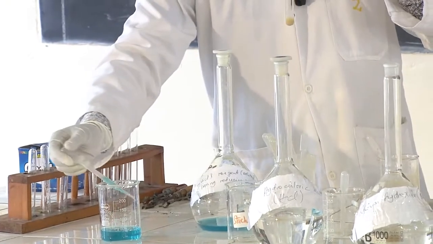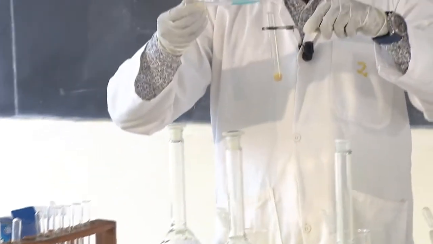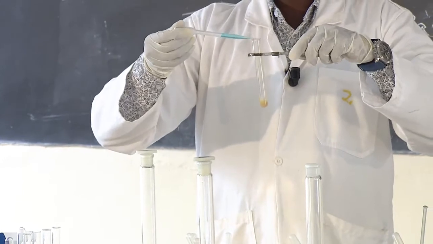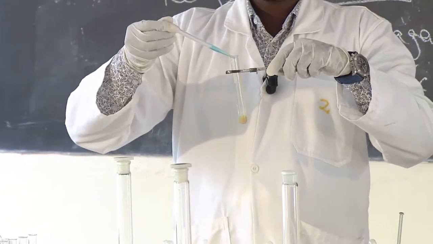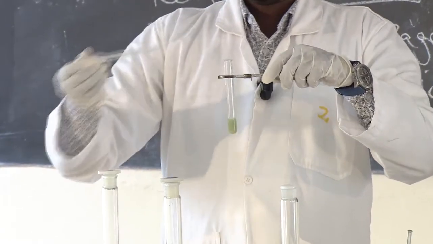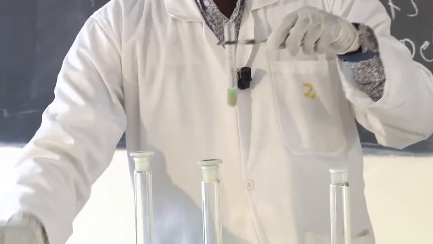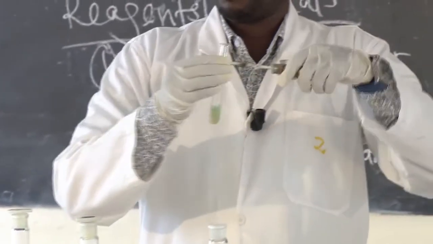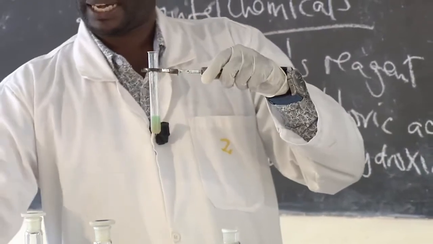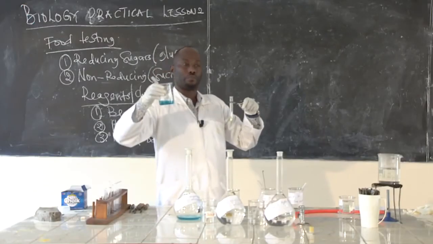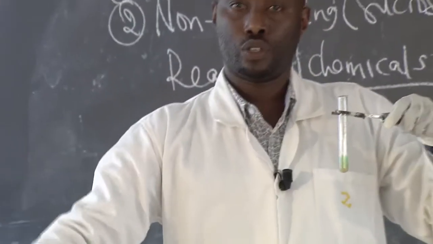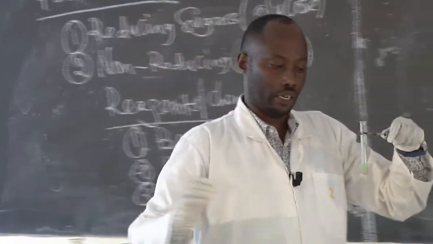After getting a dropper, you add the same number of drops dropwise of the Benedict's solution. And you can see the color of the Benedict's solution is blue. So we are going to see the observation now.